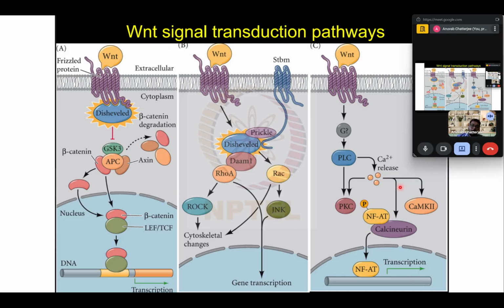So these are the three main ways in which Wnt signaling works. But for this question, we are mostly interested in the canonical Wnt beta catenin signaling, in which beta catenin is the transcription factor which binds to LEF TCF and causes transcription, and it is degraded with the degradation complex when there is no Wnt associated with frizzled.